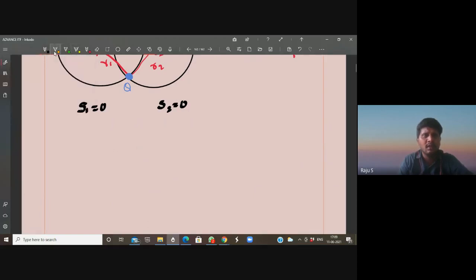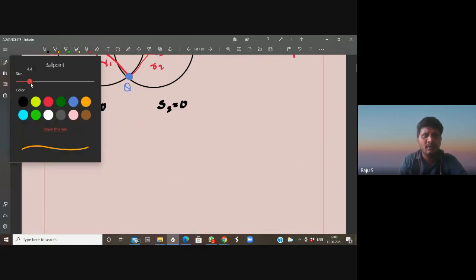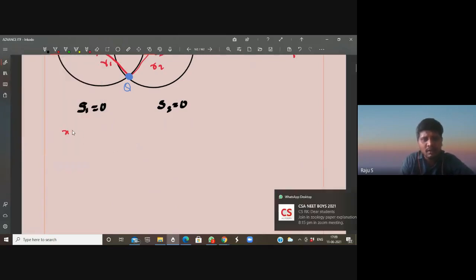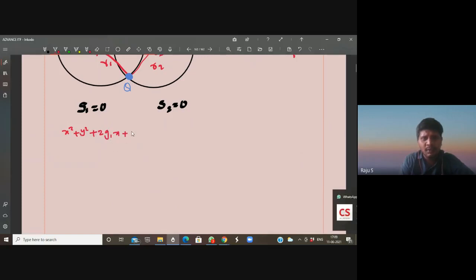If I take the S1 value as x square plus y square plus 2g1 x plus 2f1 y plus c1 equal to 0, this is the equation of the first circle.